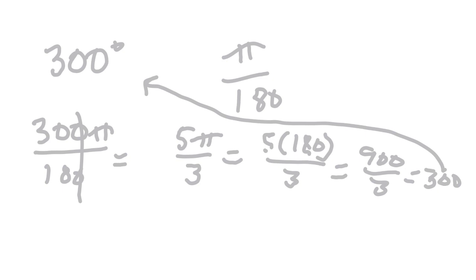So if you ever want to check one and ask, did I reduce correctly? One way you could do that is to go back through the process of changing what you think the correct radian is to a degree. Okay. So there's one example. We'll do another one before we change topics.